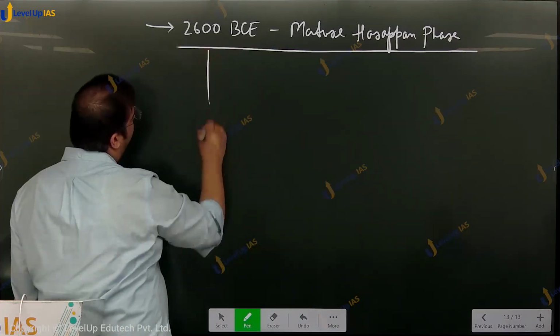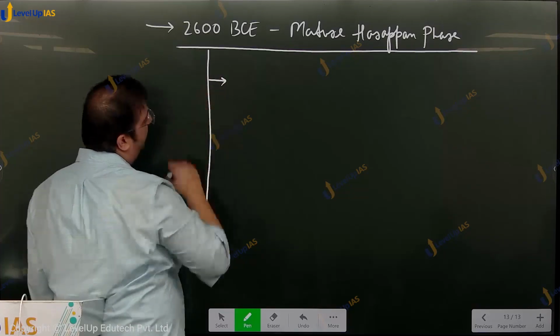Complete with all the expected characteristics of Harappan civilization.